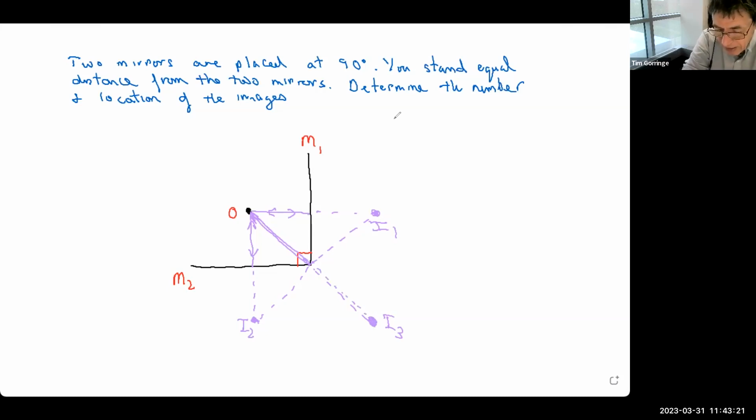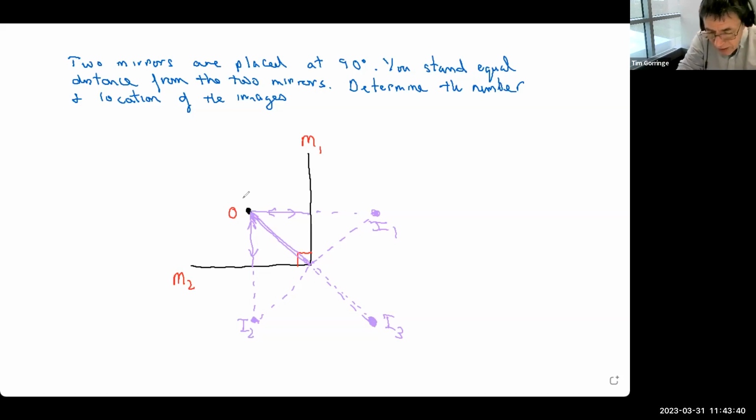So we discover that in this arrangement of two perpendicular mirrors, we not only have the obvious images I1 and I2 by a single reflection, but we have a third image that's created by two reflections.